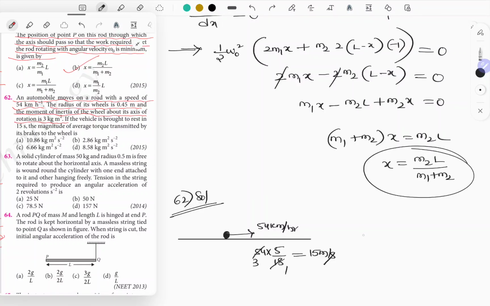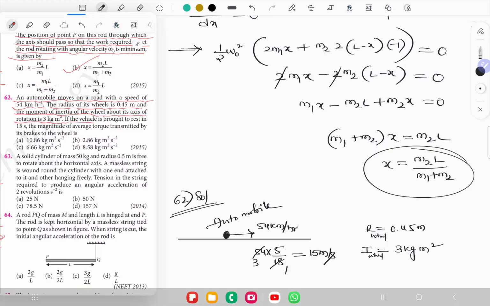They gave the radius of the wheels of this automobile as 0.45 meter and the moment of inertia of those wheels, they've already given, 3 kg meter square.